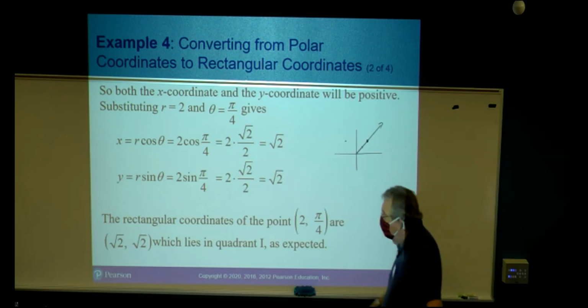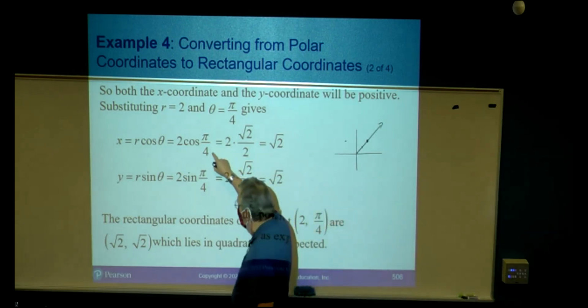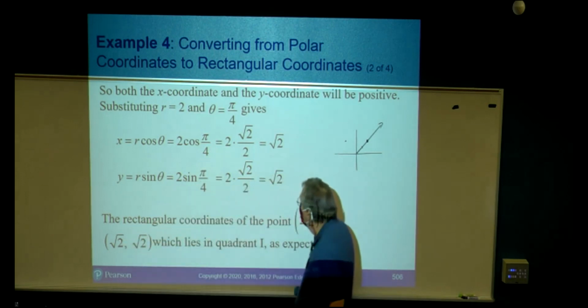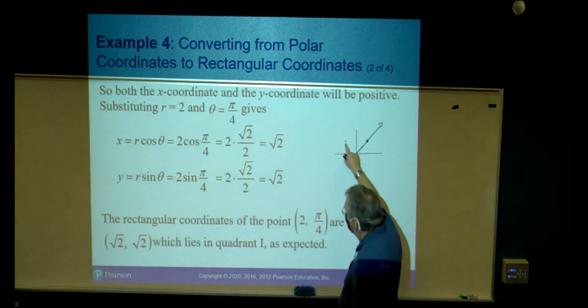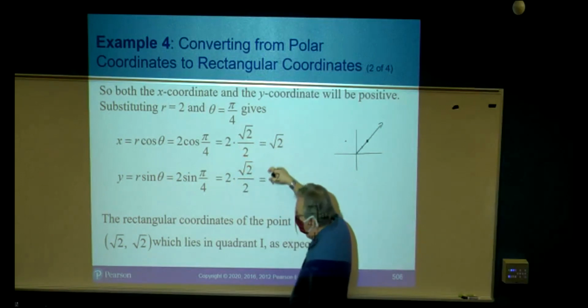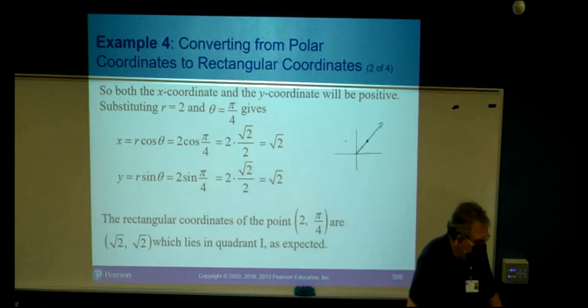But like I had said, if this had been 3 pi over 4, then this would have been a negative square root of 2, because over here the x value is negative. And so this would have been a negative square root of 2 over 2 to give us the negative square root of 2 for that one.